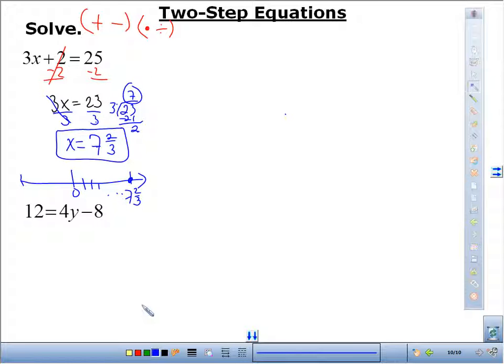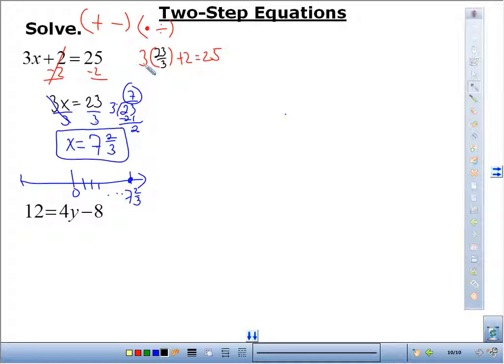Okay? What is my last step? Check. I rewrite this. This is 3. And instead of the x, I open up parentheses. Plus 2 equals 25. And then I substitute 7 and 2/3. How about I make it an improper so that I can multiply this number then? What is 3 times? Oh, it's right here. 23 over 3.